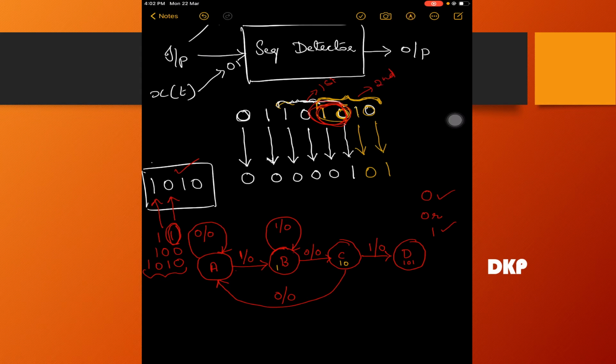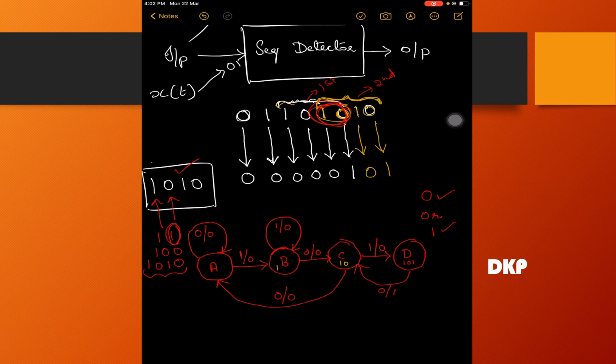So it can use the last 2 bits 10 of the first sequence to get another 1010 sequence, that is the second sequence. So the machine goes back to the state C, giving an output 1 because your sequence is detected here.